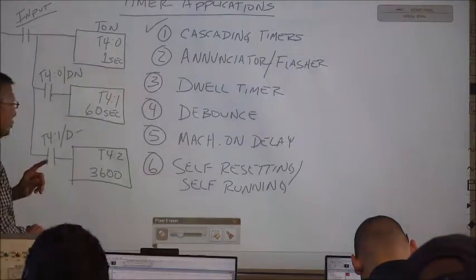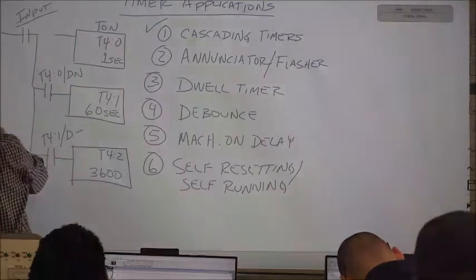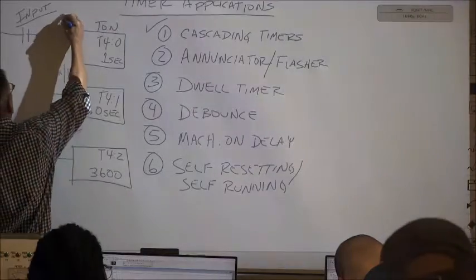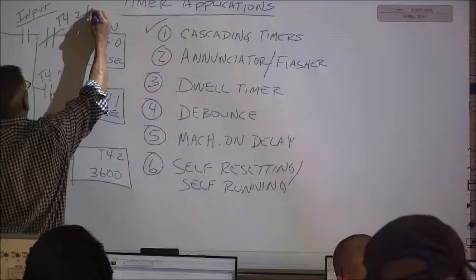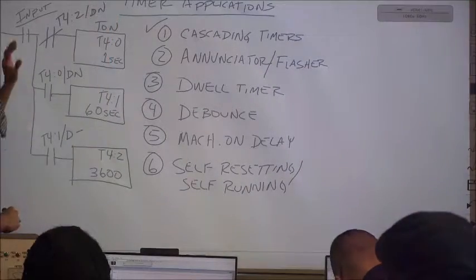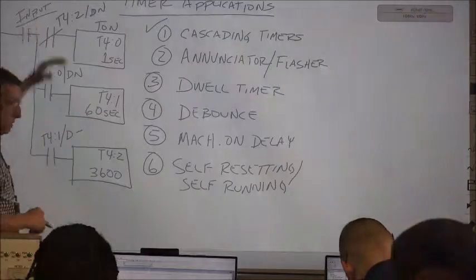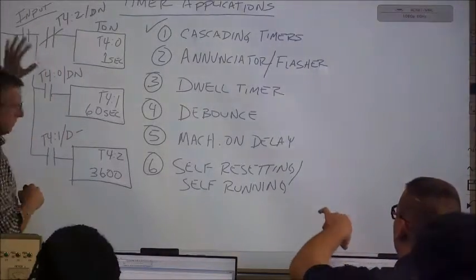Generally what you do is something like this: T42 done resets everything. Once we get the done bit from T42, it resets. Actually, this should be outside of here, that way it resets everything.